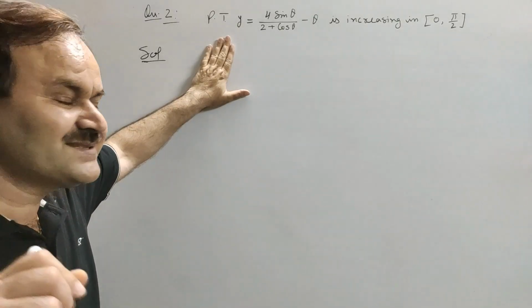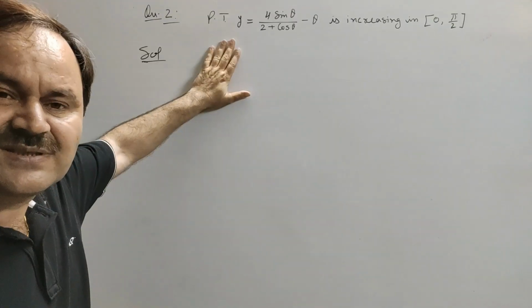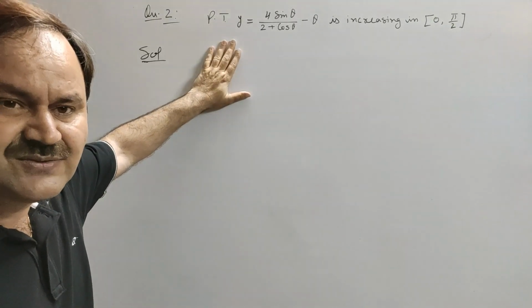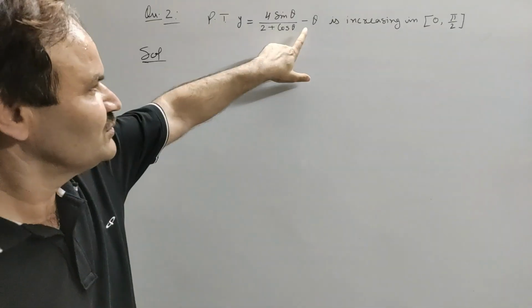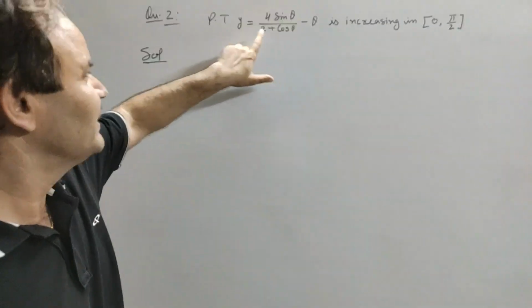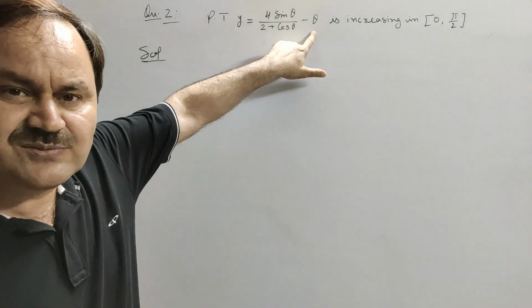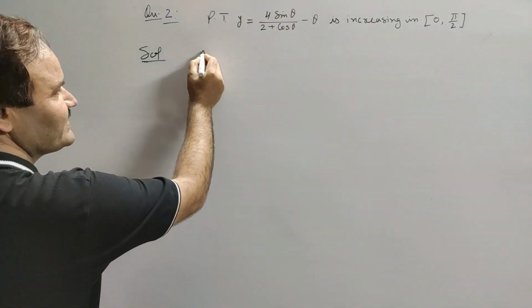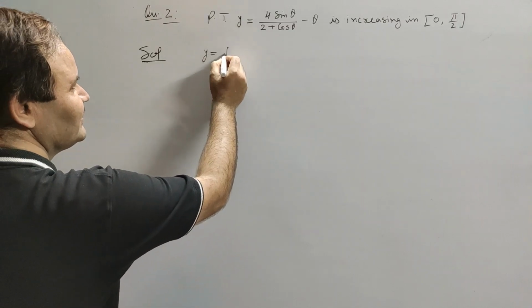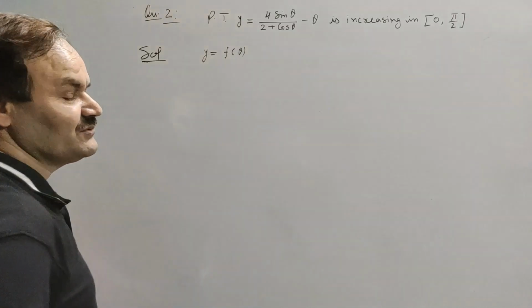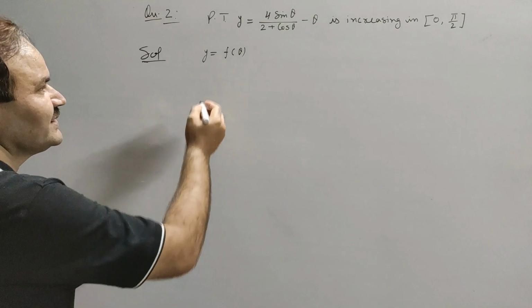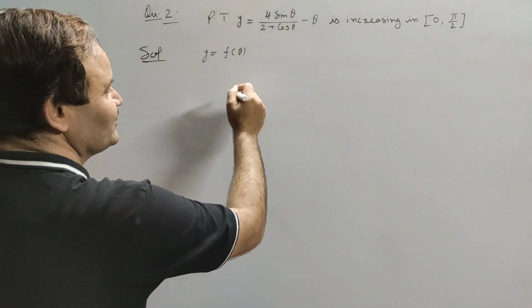To prove this, we will first differentiate this function with respect to the variable theta, because this time y is a function of theta. As y is a function of theta, we will differentiate y with respect to theta.